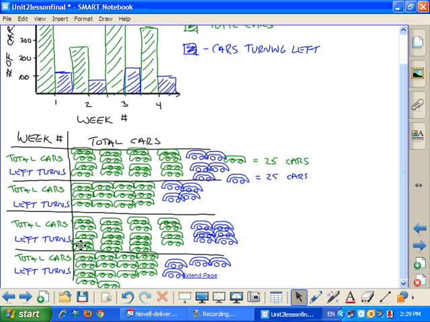Okay, as you can see, the pictograph's done there, and it's not nearly as accurate as my bar graph because I picked 25 cars for each car, and you have to do an approximation as best you can here. So not the best graph to create, because it's time consuming.